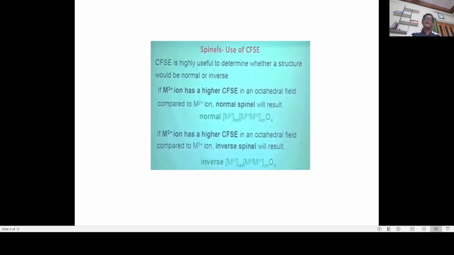The use of CFSE in spinel is that CFSE is highly used to decide whether the structure is normal or inverse.